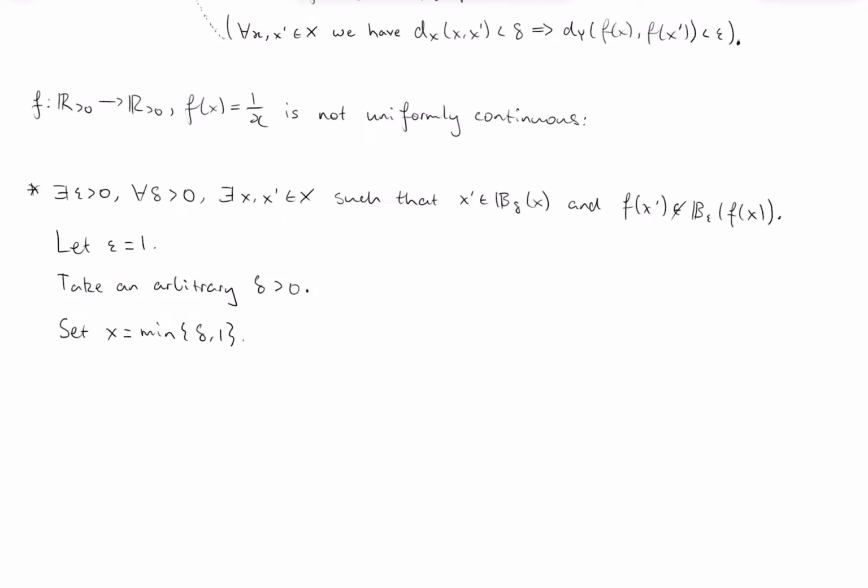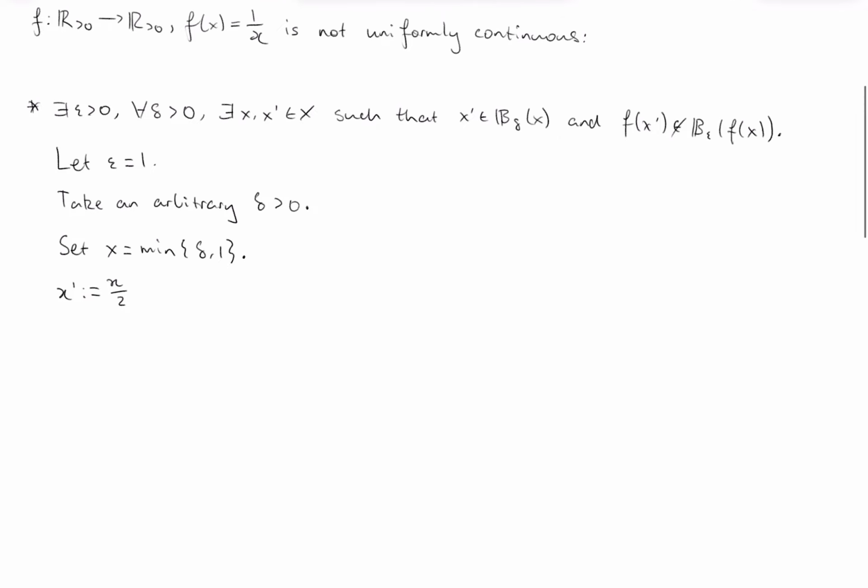So what we're going to claim is that if we set x prime to equal x over 2, this is going to satisfy our condition. So let's see if it does. Let's write it like this.